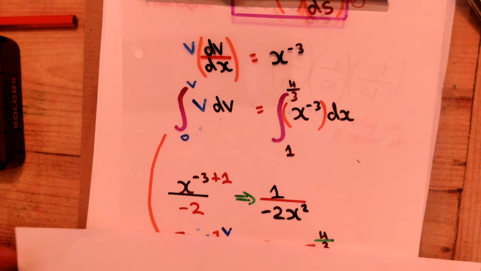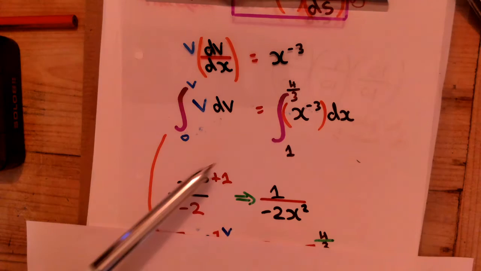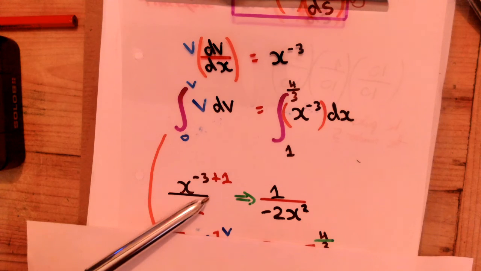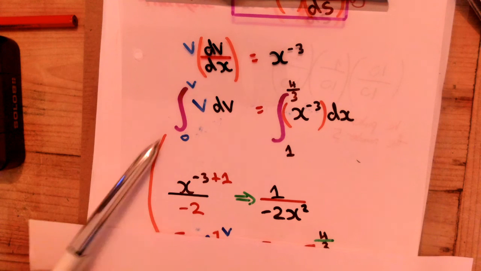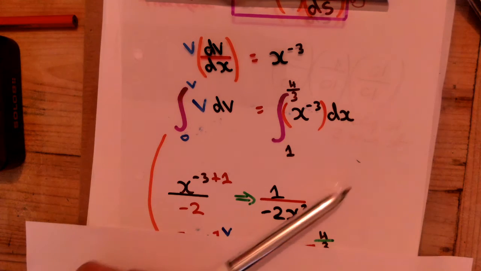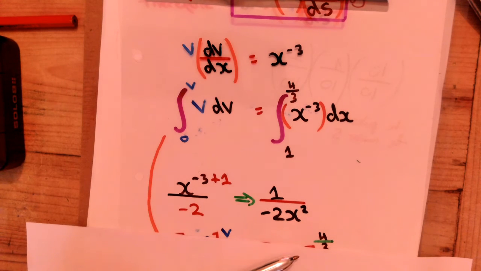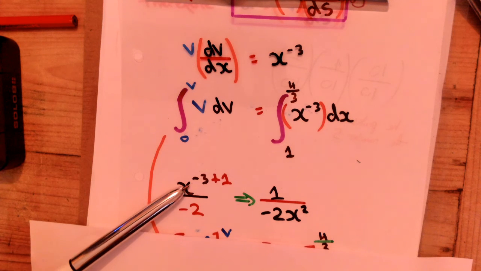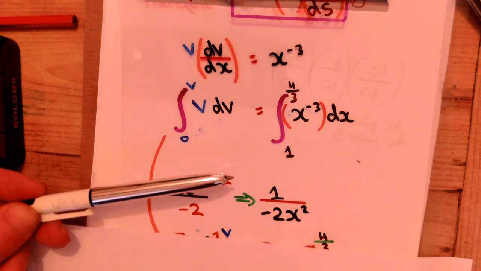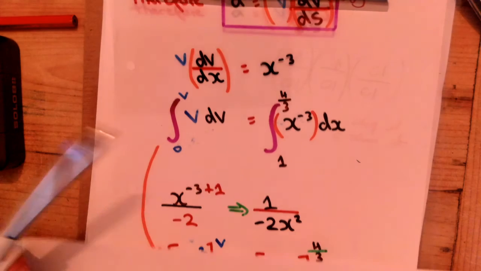Looking at all that then: add 1 to the power, divide by the resultant power. I'm tidying that up so you can see the mechanics of integration. Your minus 3 plus 1 is minus 2, submerge it below the line, so you have that there.